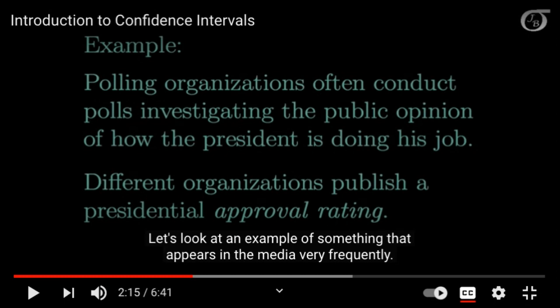You will never get a 100% confidence interval. Never. Because you can never say you're 100% confident that whatever you're going to do is going to be 100%. There's always a 1% chance.